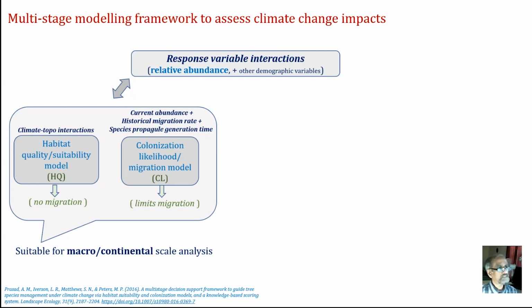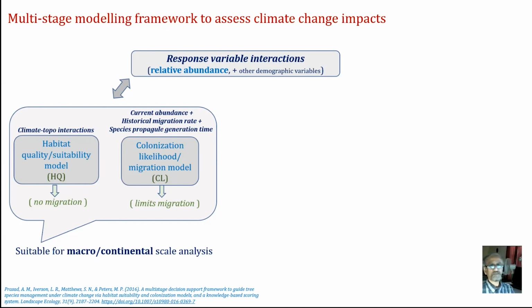So we use relative abundance based on the forest inventory analysis data to first model climatic habitat suitability based on climate topo interactions, and then compute colonization likelihoods based on the current abundance, historical migration rate, and propagule generation times of species.